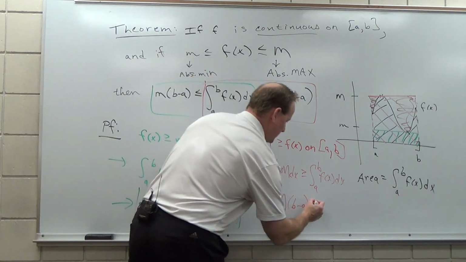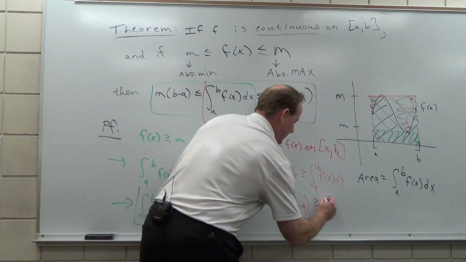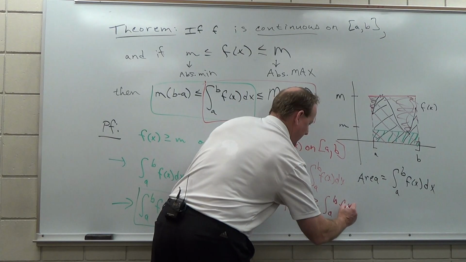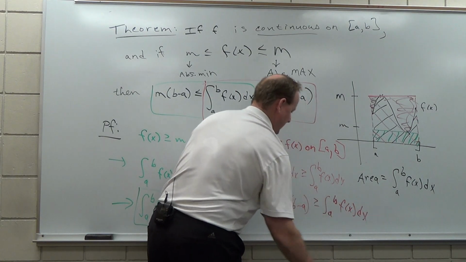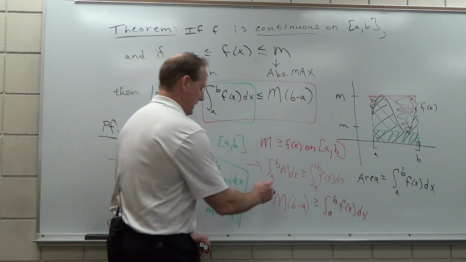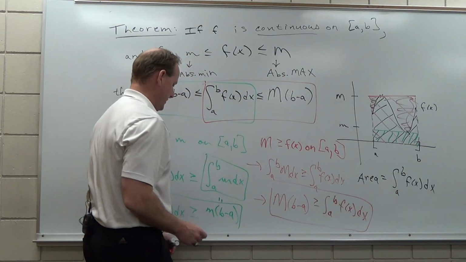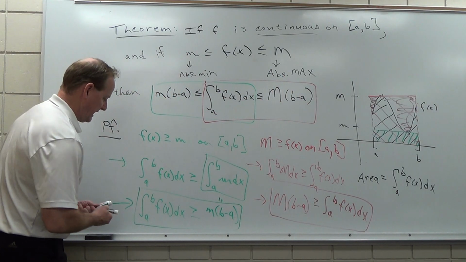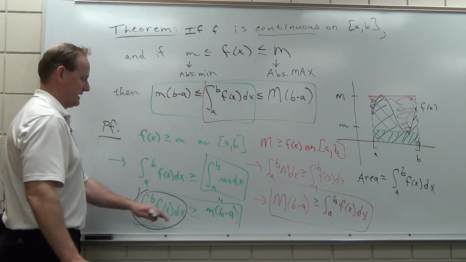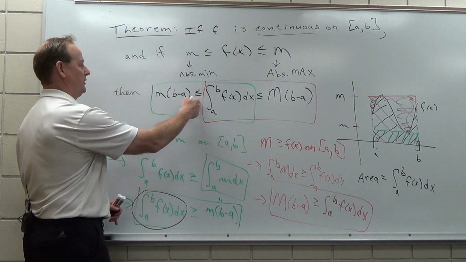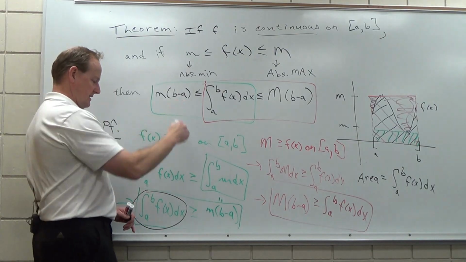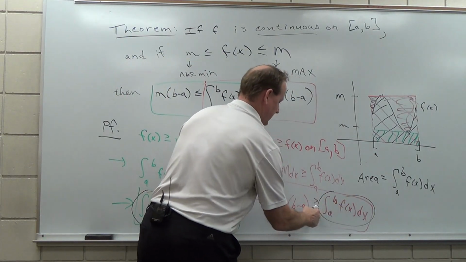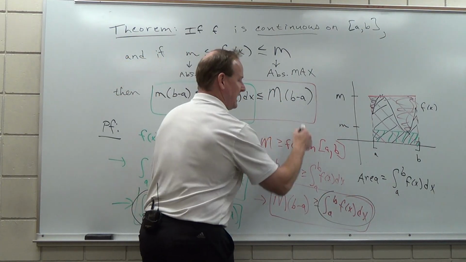So anyway, this is going to be greater than or equal to the definite integral from a to b of f of x with respect to x by our previous theorem. And that's what we had here. Notice what we have: the definite integral from a to b of f of x with respect to x is greater than or equal to little m times b minus a, and it's less than or equal to capital M times b minus a.